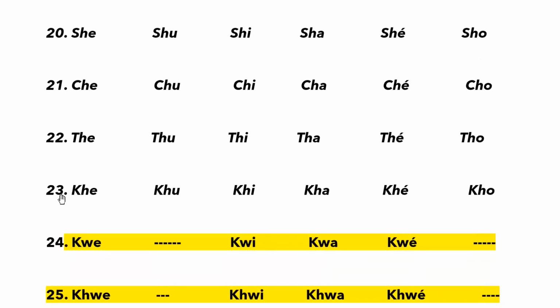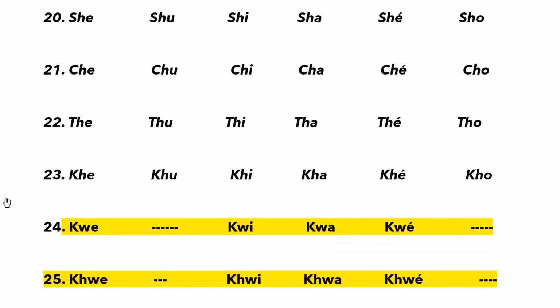And now number 23 would be he, hu, he, ha, hu, ho. I can give you a good example in this one. For example, we have a very famous DJ that starts with ha. Do you know who he is? DJ Khaled.